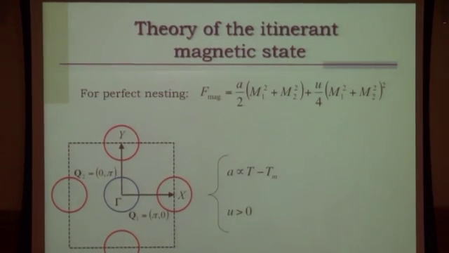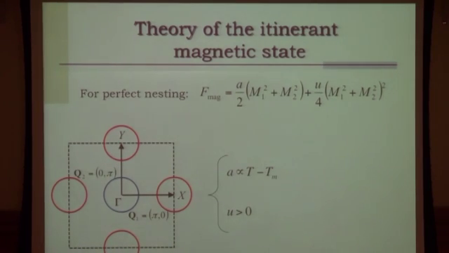And what you find out if you work out these coefficients is that this A is temperature minus the magnetic transition temperature, and U is positive. So A is positive above the magnetic transition, negative below.